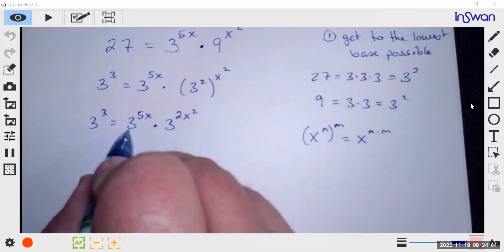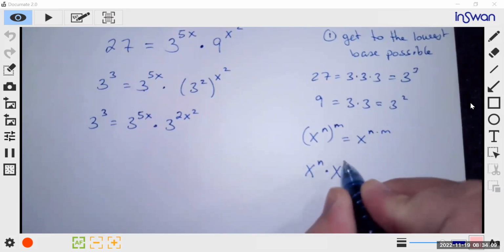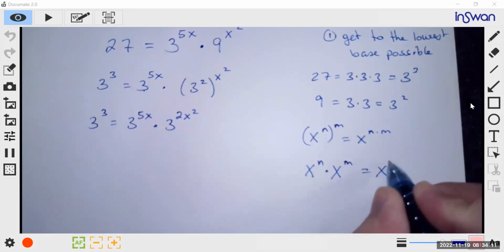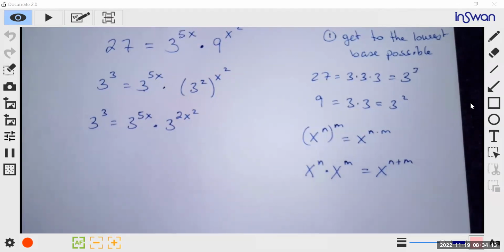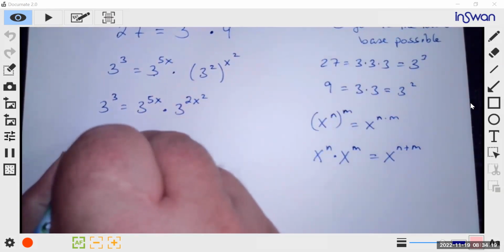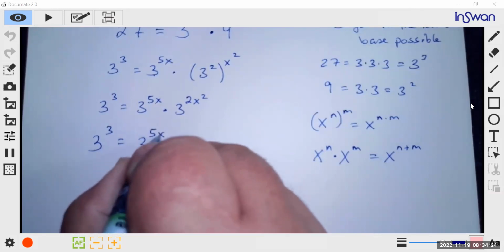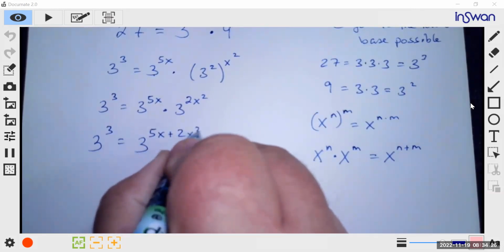Now on the right hand side, if you have two bases that are the same being multiplied together, then you have to add the exponents. Again, these are all the properties we covered in exponentials. So it's 3 to the power 3 equals 3 to the 5x plus 2x squared.